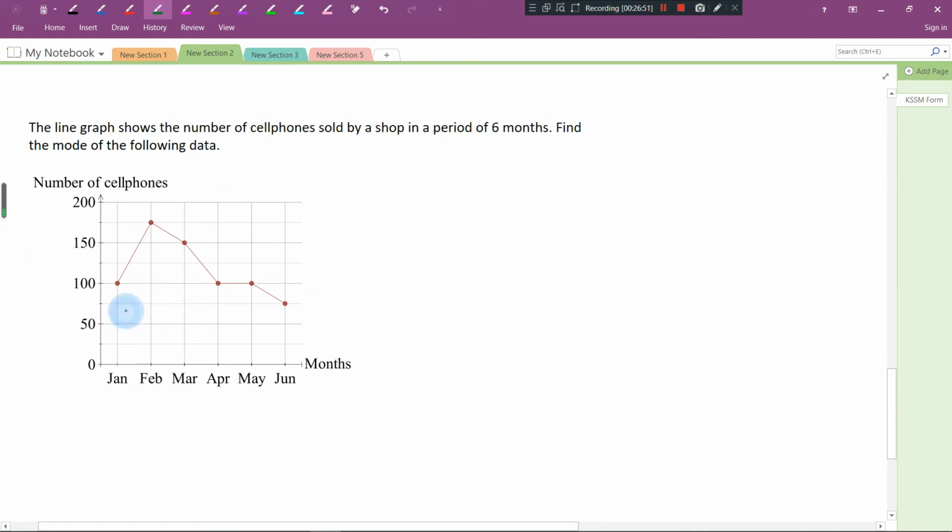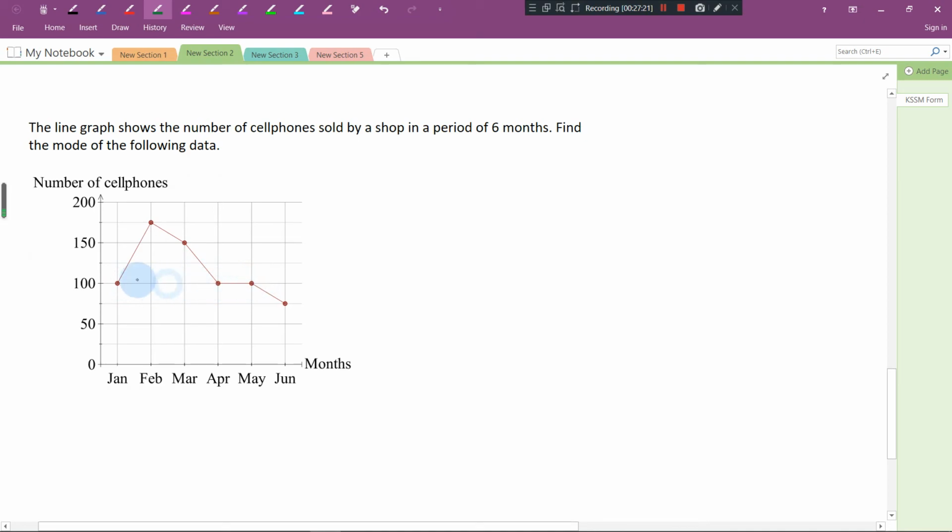So you go and ask, how many cell phones did you sell in January? The person answers you 100 cell phones. Okay, this is the first data. How many cell phones did you sell in February? The person answers you 175. This is the second data, right? So what is the answer that you receive the most of the time?